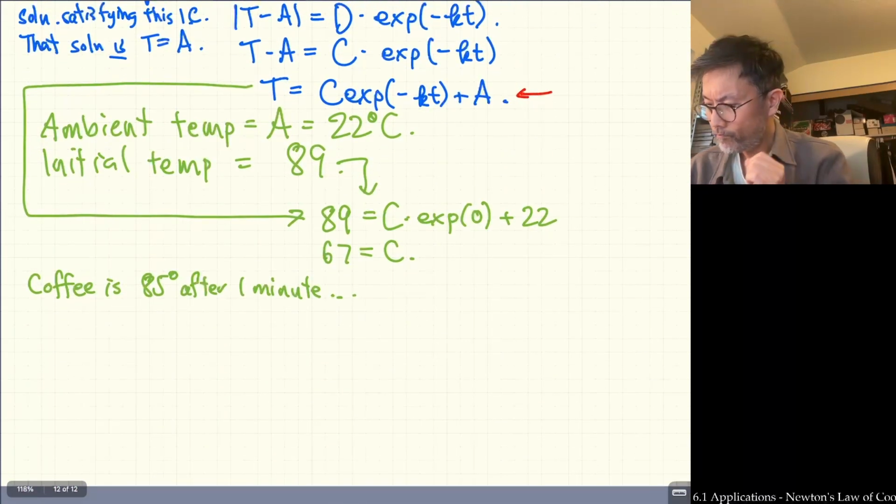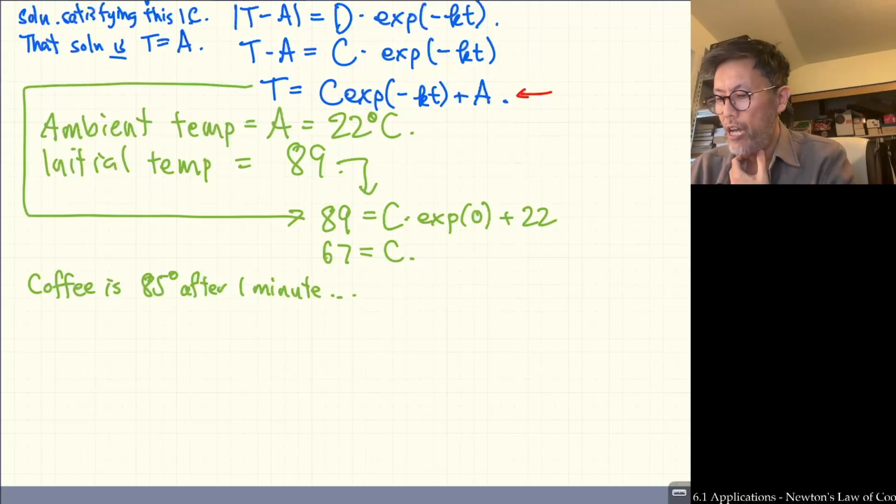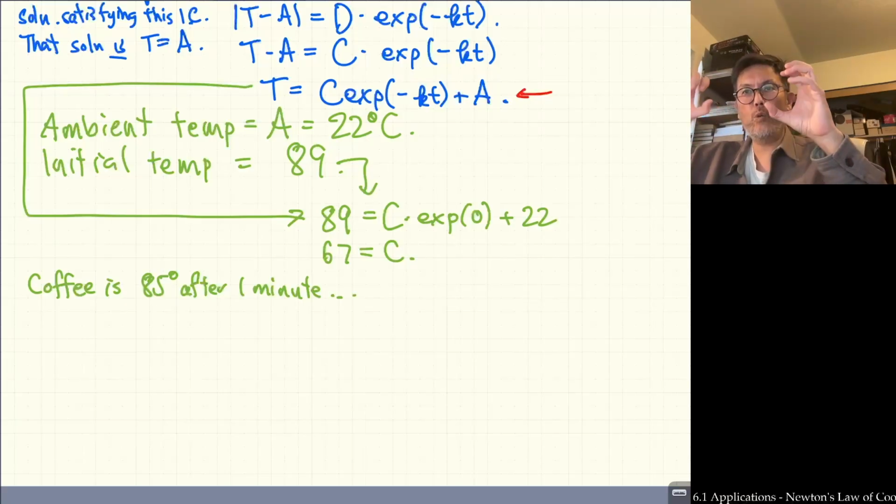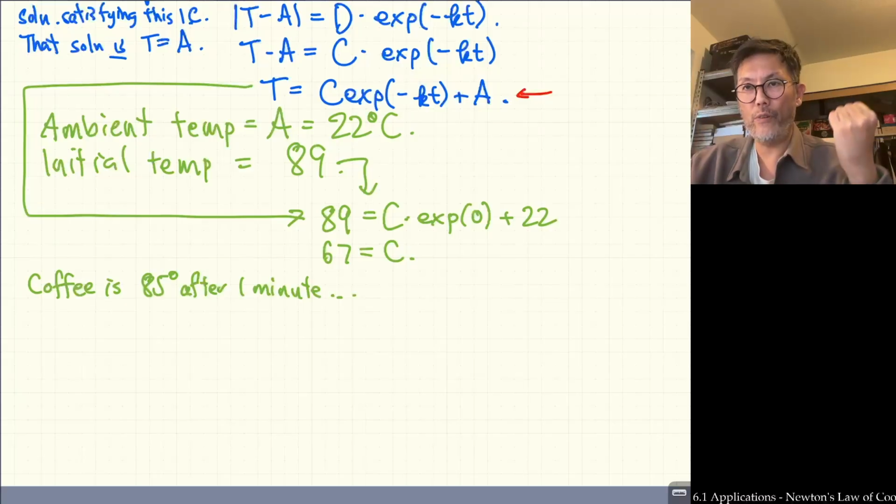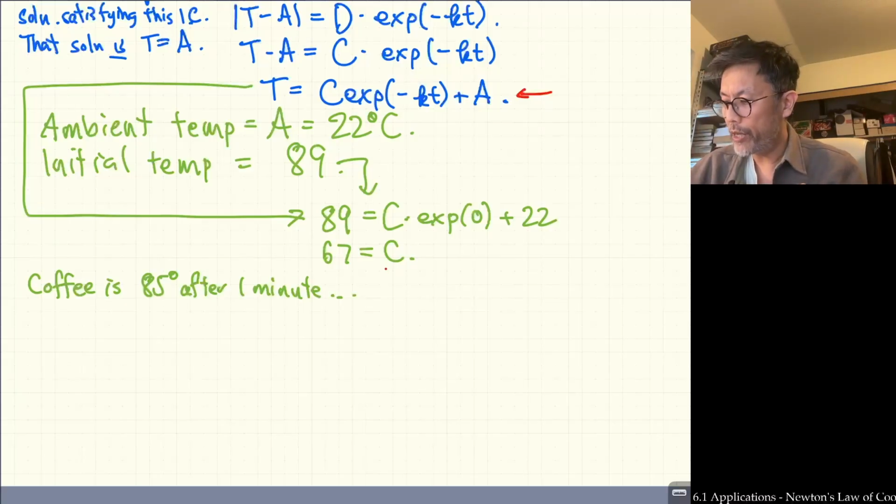Last time we plugged in the ambient temperature being 22 degrees, and the information that the initial temperature was 89 degrees. From that, we learned that this constant C is in fact equal to 67.